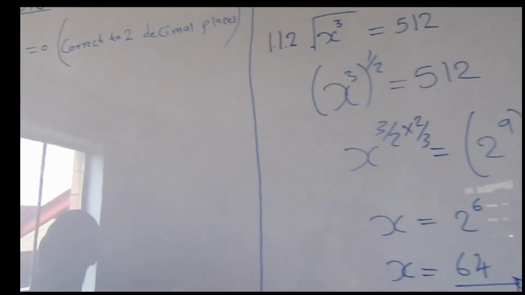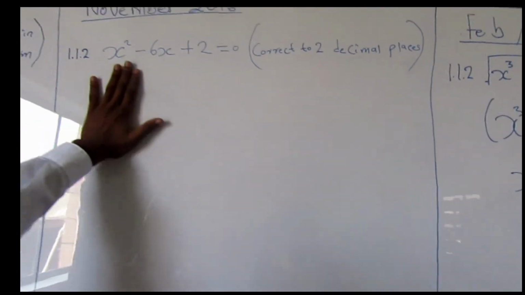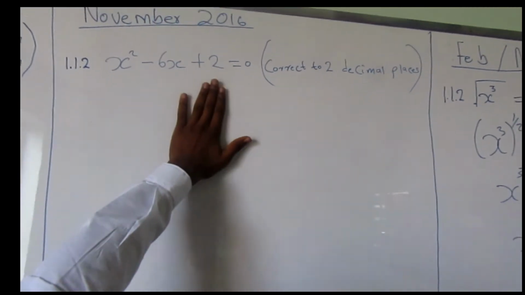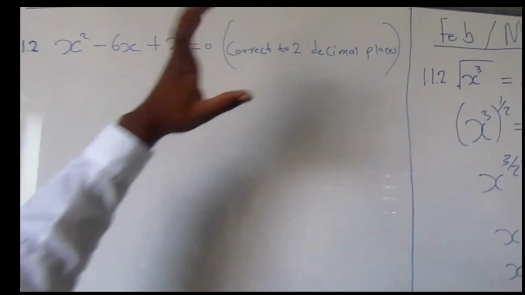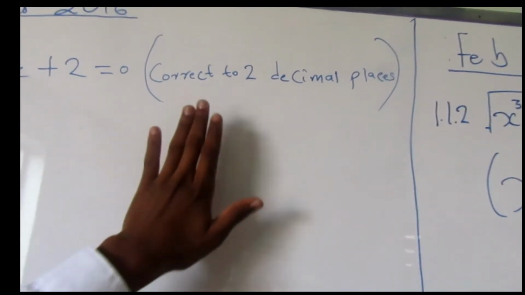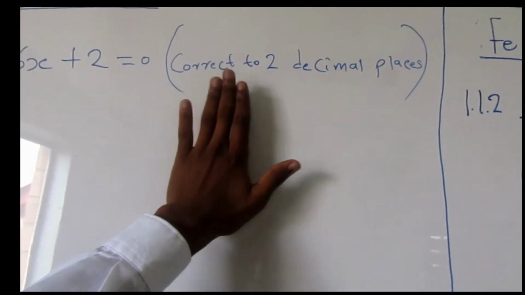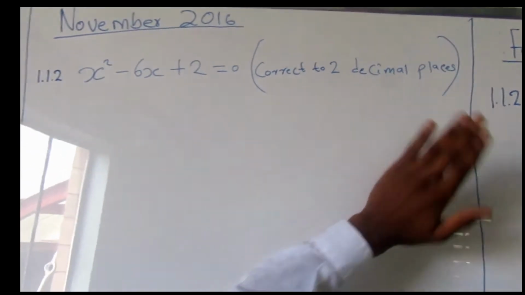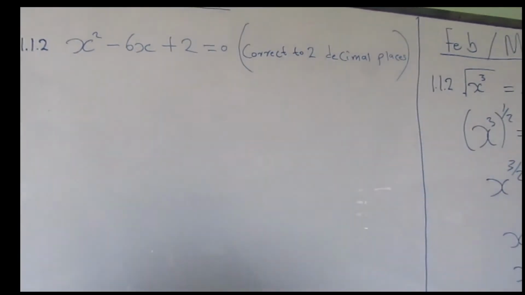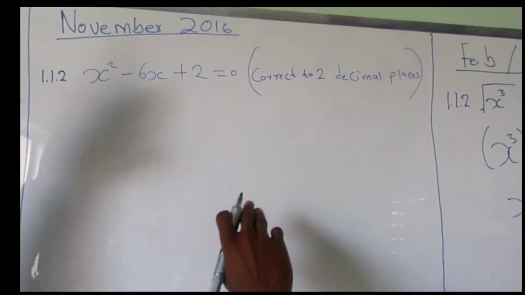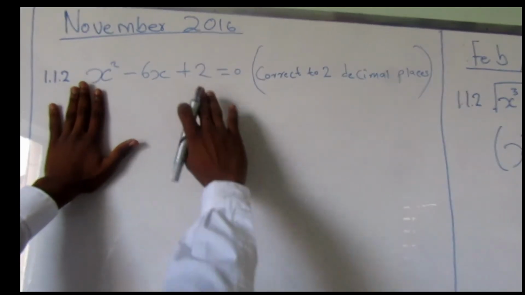Then we move to this one. This one we are given x squared minus 6x plus 2 is equal to 0. And we are restricted to correct our answers to 2 decimal places. The first thing that we need to do is to look at x squared and 2.